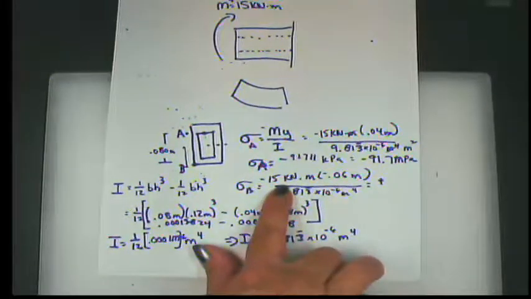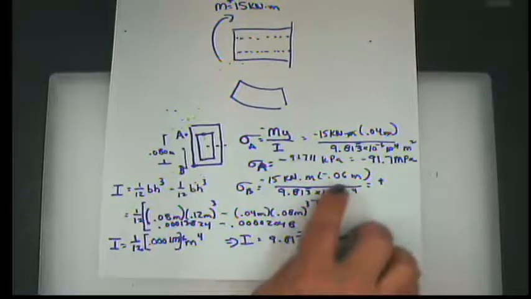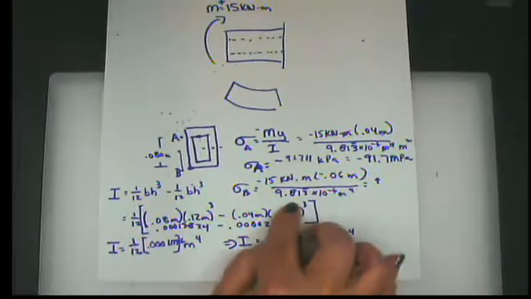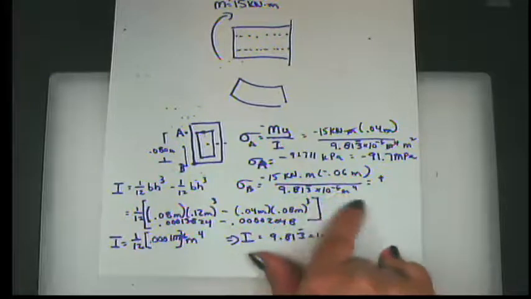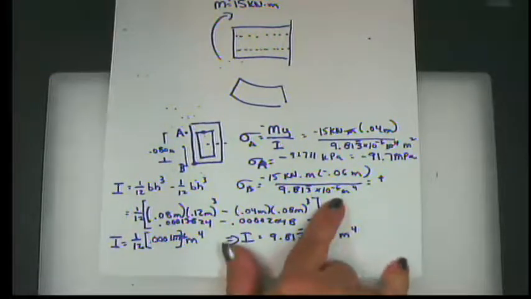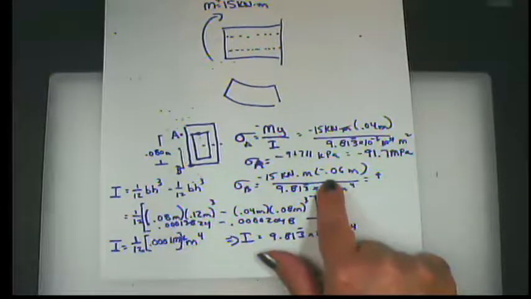So 15 times 0.06 divided by 9.813, and I get that number times 10 to the 6th. That doesn't seem right.